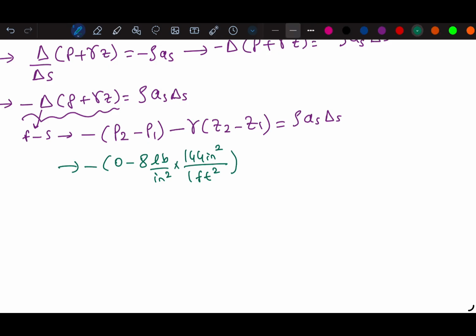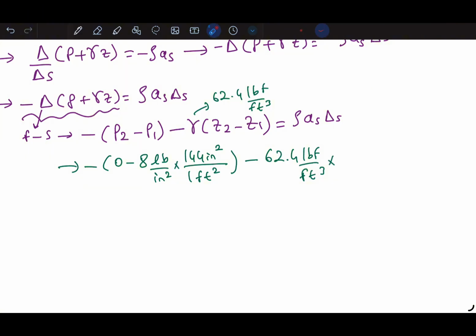And next we will have this second part. And we have minus. We have specific weight, which is 62.4 pound force over cubic feet. So we have 62.4 times the change in distance, because this is going to be 6 feet. It is because we had z2 as 6 feet and z1 is 0.